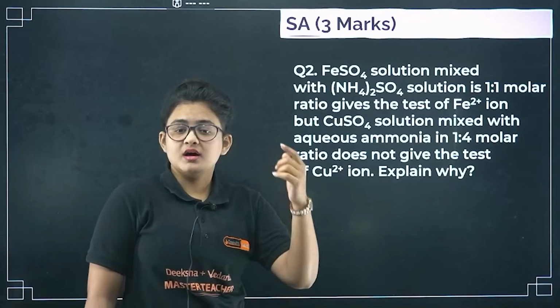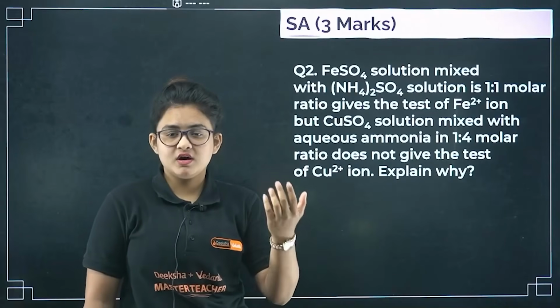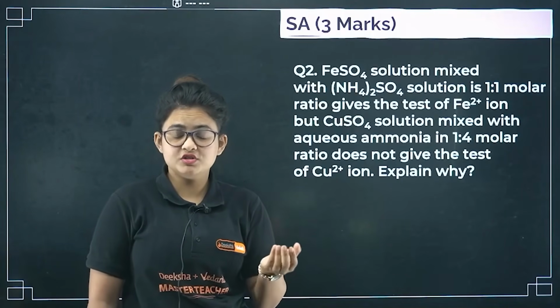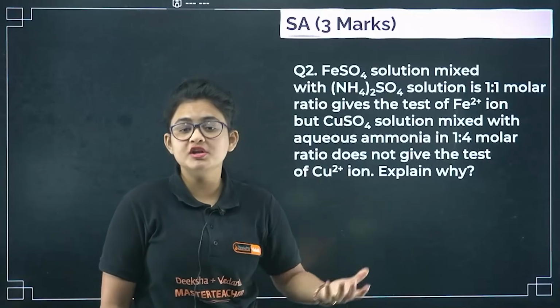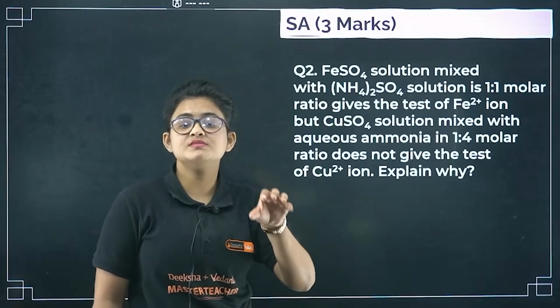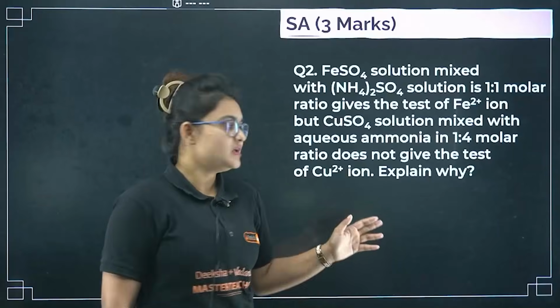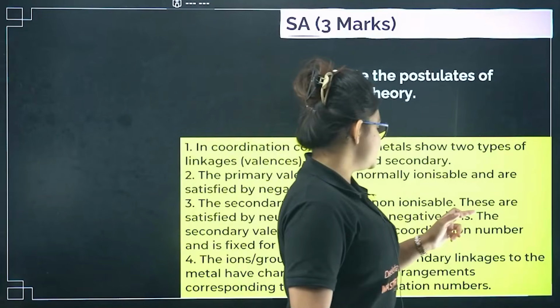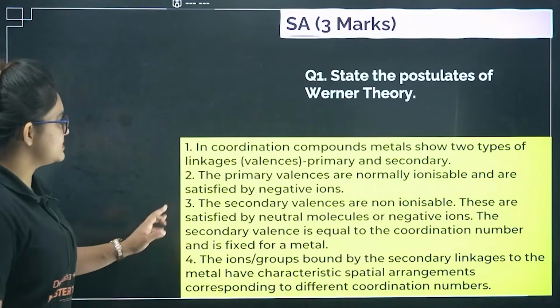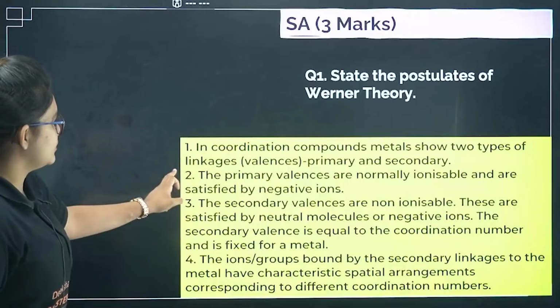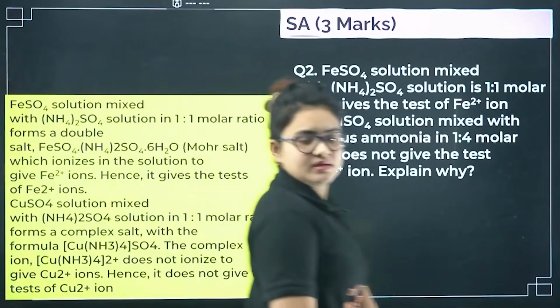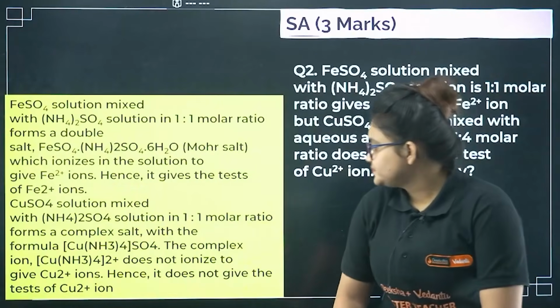But whenever CuSO4 is mixed with aqueous ammonia solution in 1:4, it makes a coordination compound, and Cu becomes a part of the coordination entity. That's why it is non-dissociable, so it doesn't give the test for Cu2+. You can just go through this. That's what I just told now. Okay, so this is the reason.